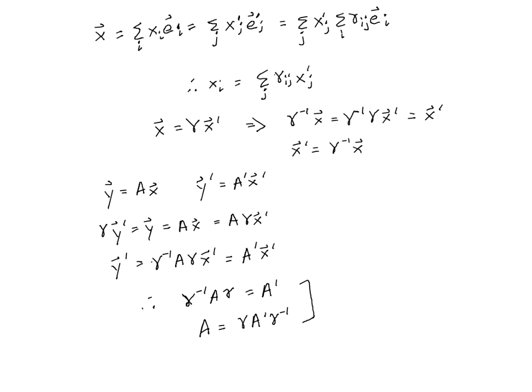And this is known as a similarity transformation. Essentially, the way I like to think of it is that one matrix is transforming the rows and the other is transforming the columns.